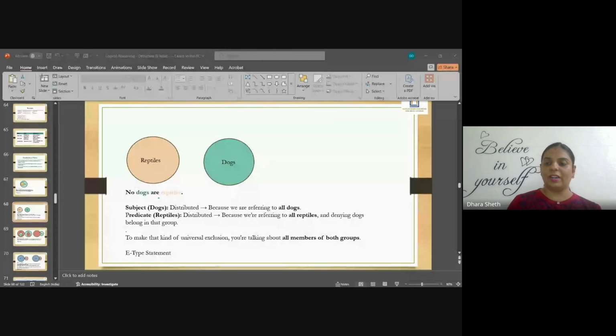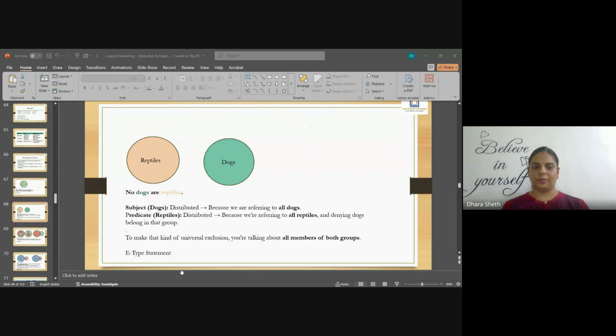And that is why here both subject and predicate are distributed. Clear with this? It is called E-type statement.